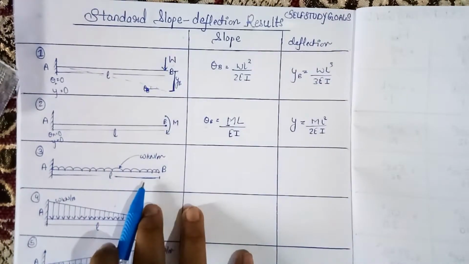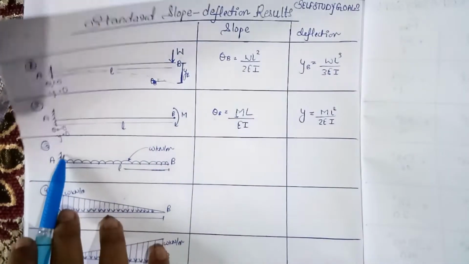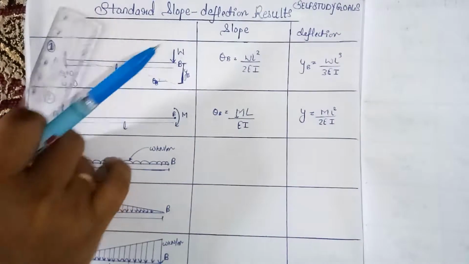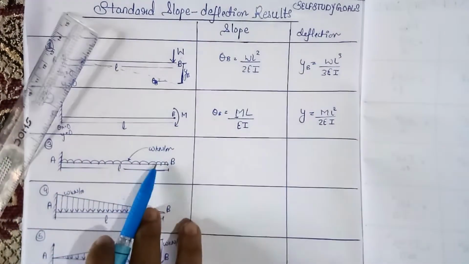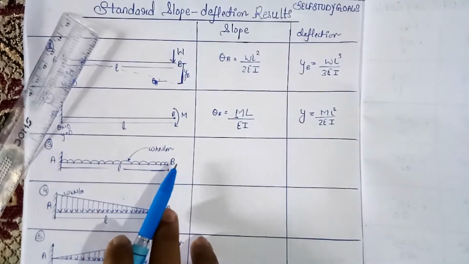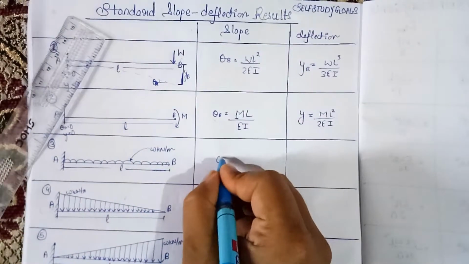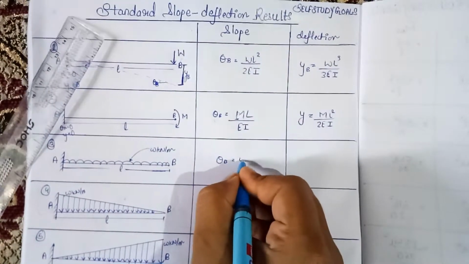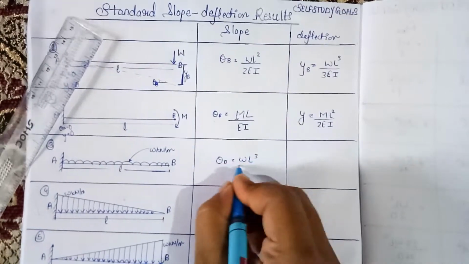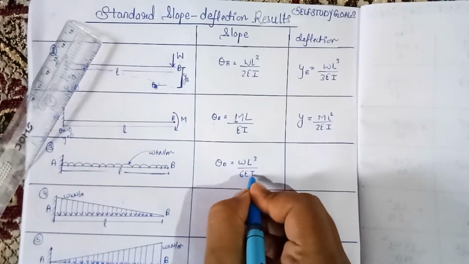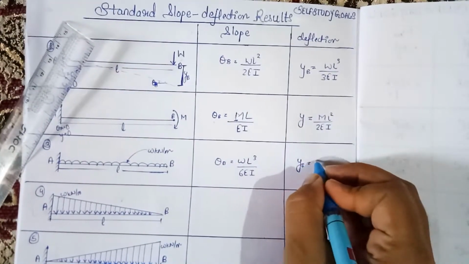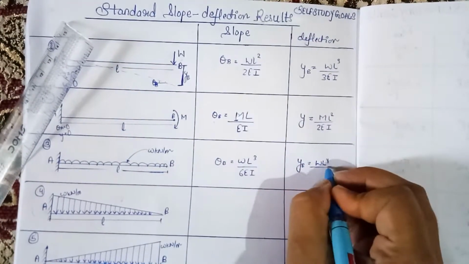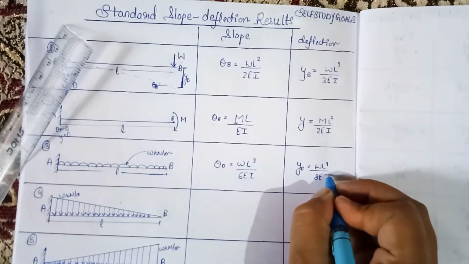Next we will see our third case, when this is also a cantilever beam and it is subjected to a UDL over the entire span. In that case the slope at joint B, theta B, will be equal to WL cube by 6EI, and the deflection at joint B will be equal to WL to the power 4 upon 8EI.